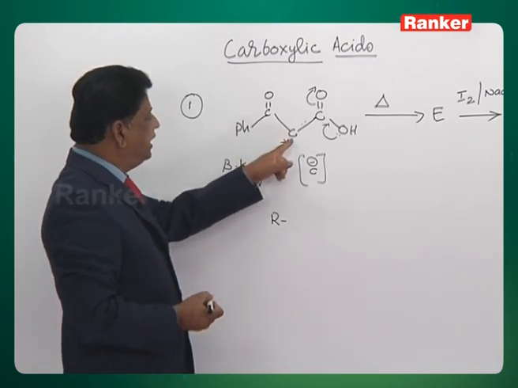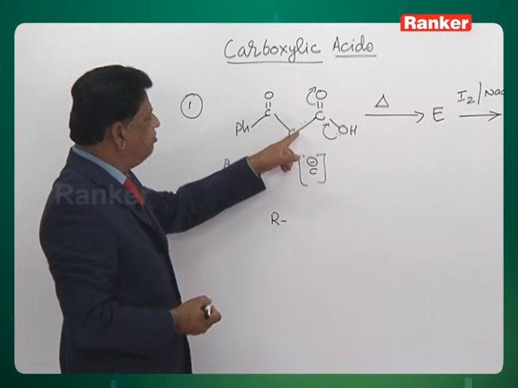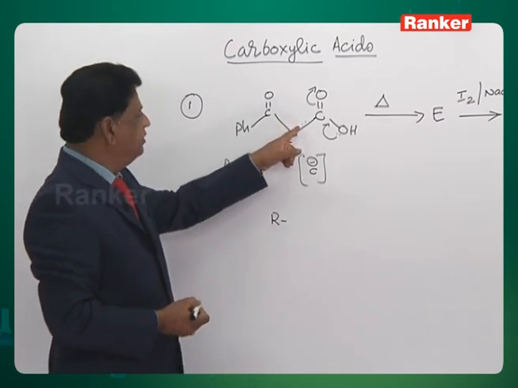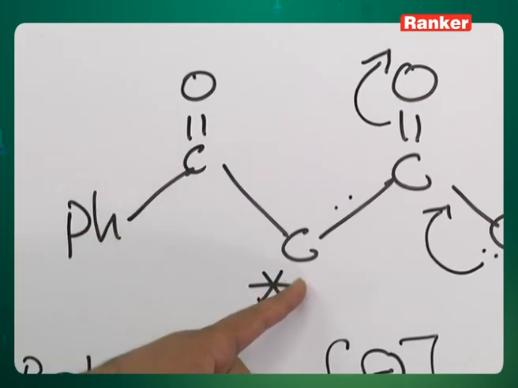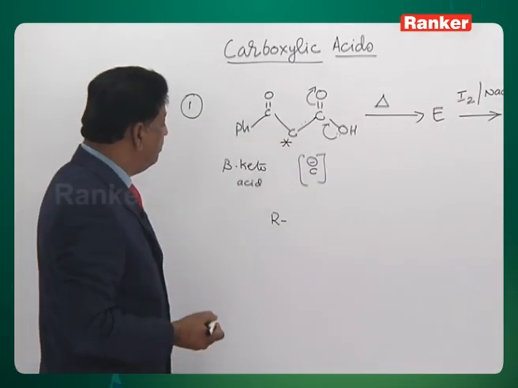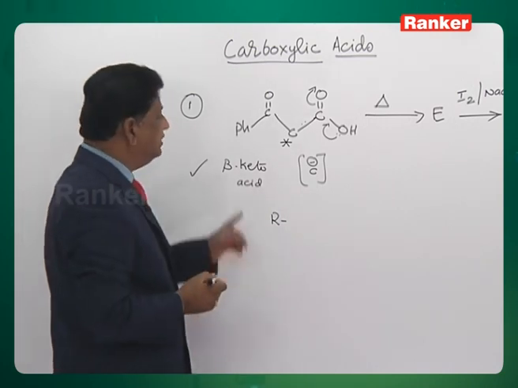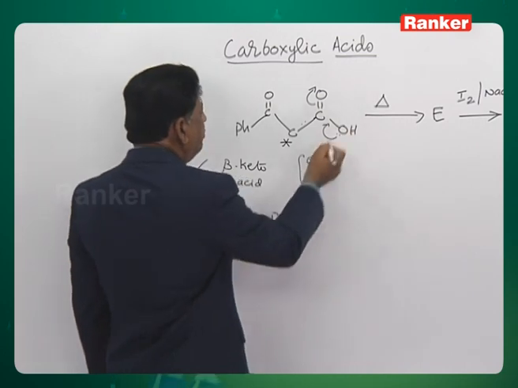But if a keto is on the alpha carbon, the anion is formed on the keto itself, a carbonyl group and an anion, that is not resonance stabilized. Whereas if the keto is on the beta, the anion will show resonance with this keto. Therefore, beta keto acids have a special case of easy decarboxylation. That is why only on heating CO2 will be lost.